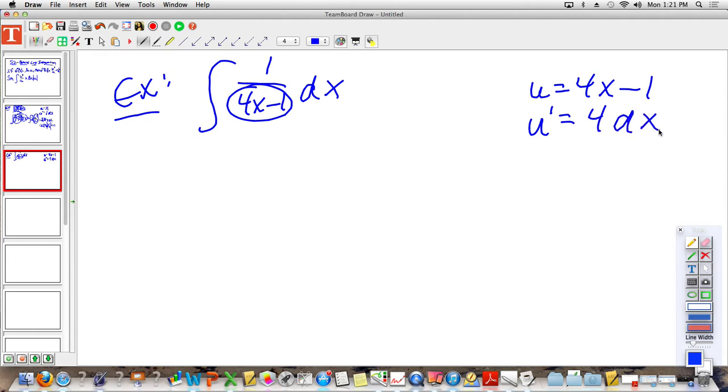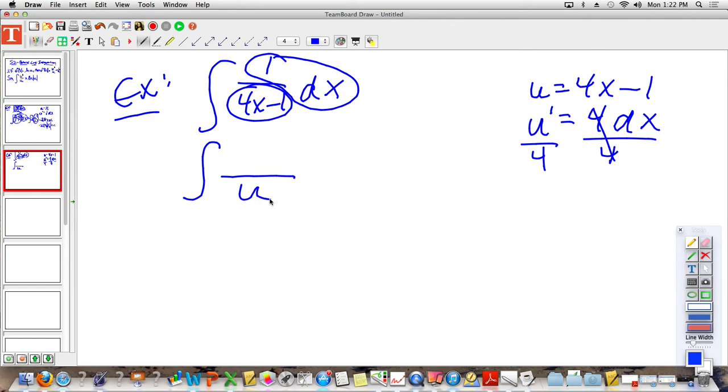But over here, we don't have a 4 dx, we have a 1 dx. So do you recall what we did over there? We divide by 4. So this 4x minus 1 is on the bottom. So I'm going to put a u on the bottom.